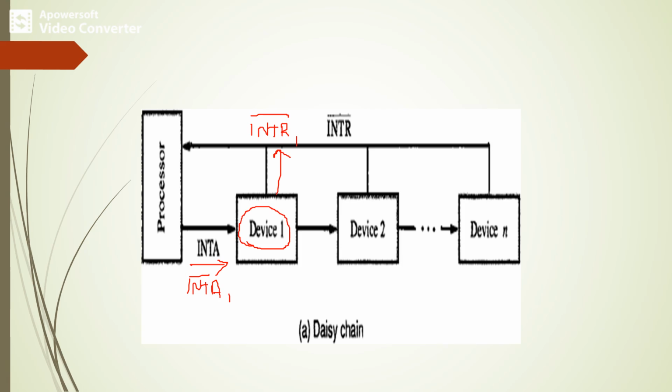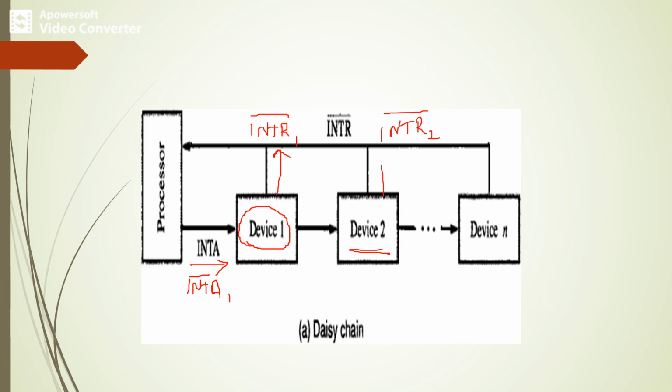For example, device 2 places its request on the interrupt request line, INTR2 dash.